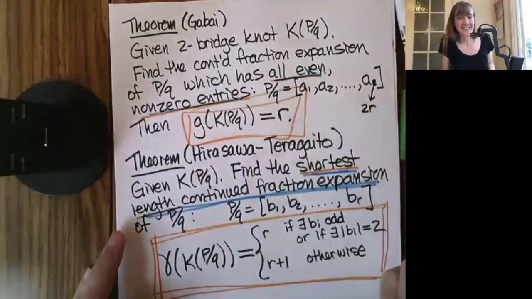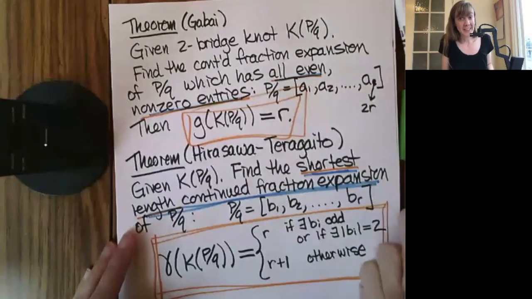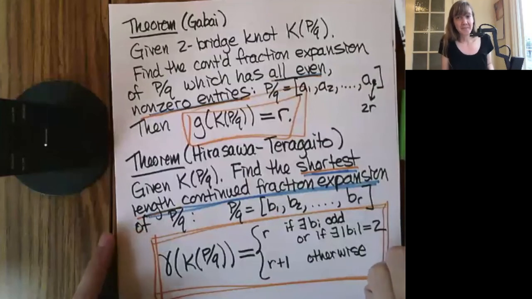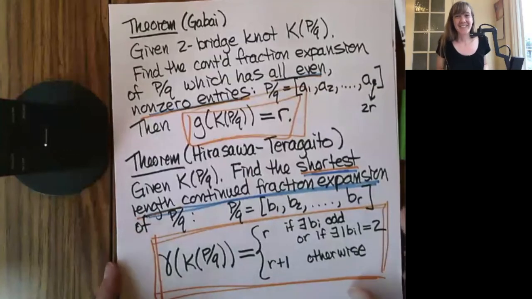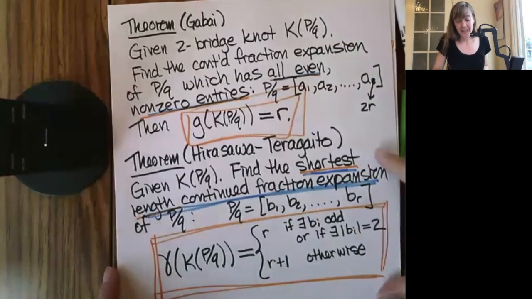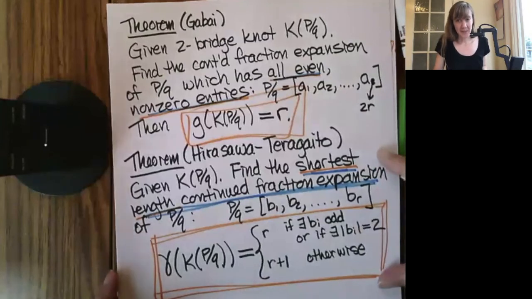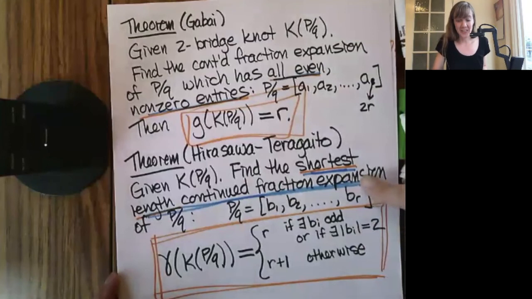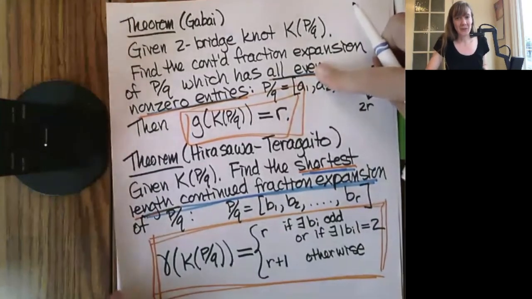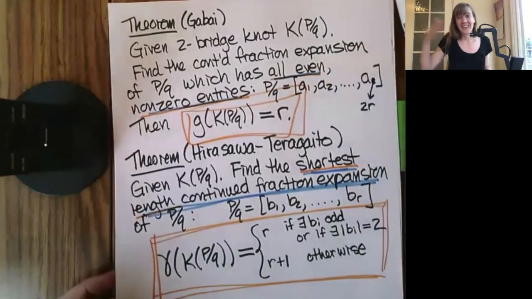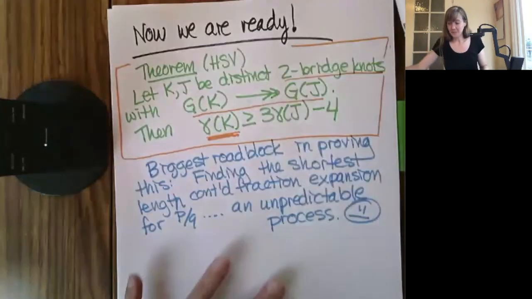It's much easier to compute. It's unique. It just comes from the Euclidean algorithm, basically. So we were jealous. And so we wondered, you know what? I wonder if we can recast this result and compute crosscap number, not from this continued fraction expansion, but from the one Gabai used. And in fact, that's what we were able to do. So that's the first lemma along the way of proving our result.